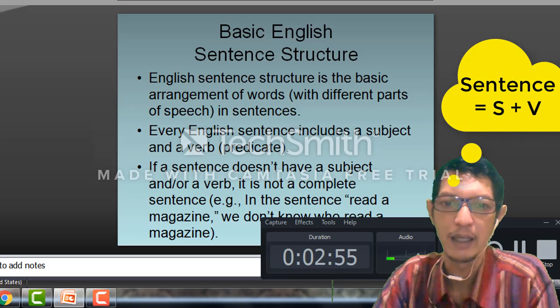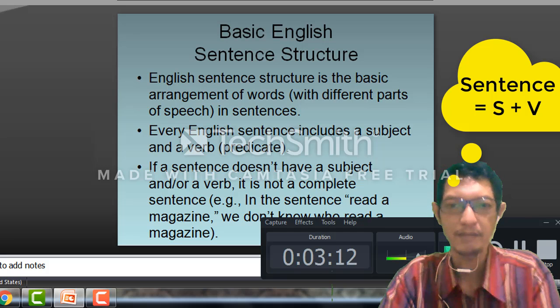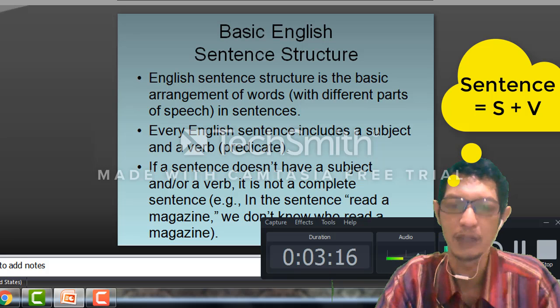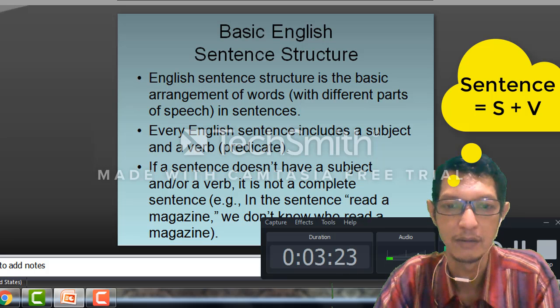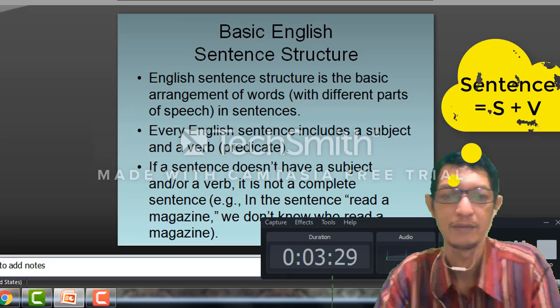So we can say that every English sentence includes a subject and a verb. If a sentence doesn't have a subject or a verb, we can say it is not a complete sentence. It is not a sentence, or it is an incorrect sentence.